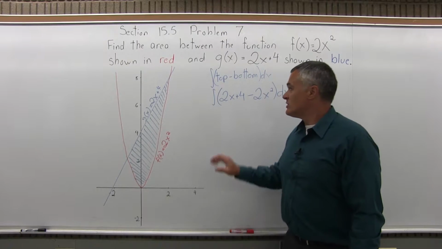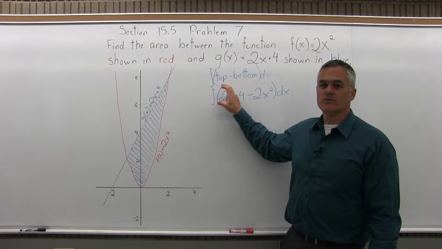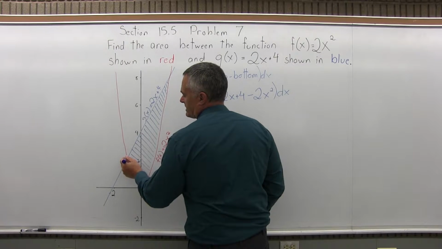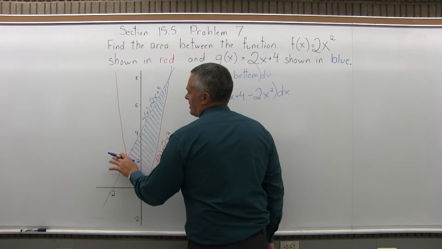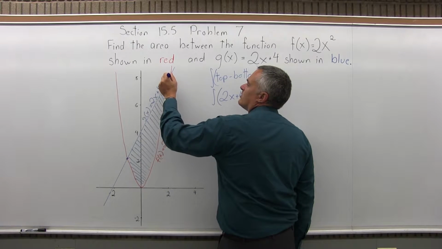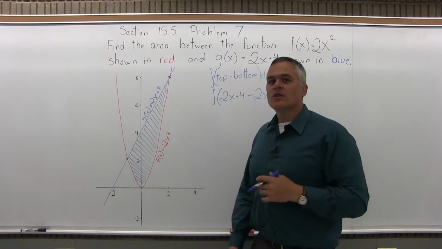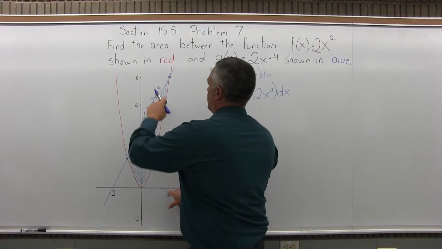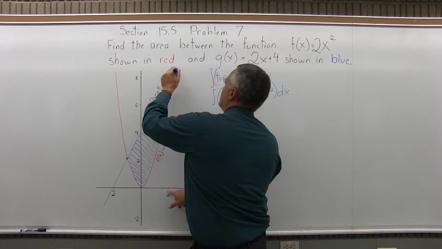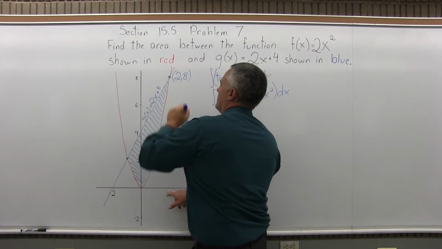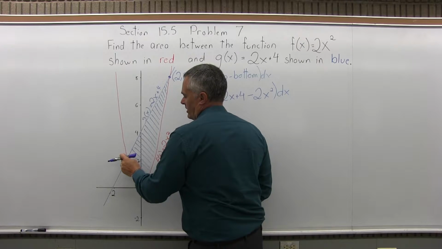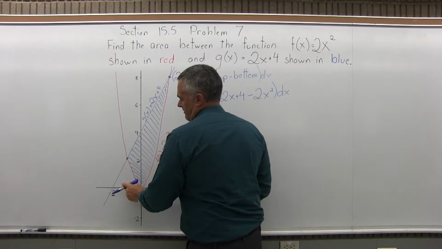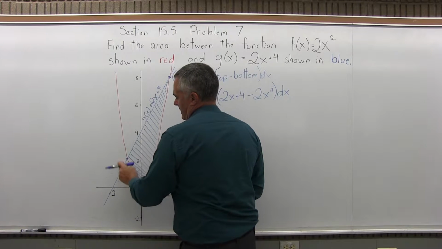But it's a definite integral, so we need to have our limits of integration. We need to know what those are. One point where they intersect is in the lower left, and there's another point where they intersect in the upper right. The graph is drawn accurately enough that you can read it off the graph. The upper right one is over 2 for the x and up 8 for the y. The one in the bottom is back 1 and up 2.